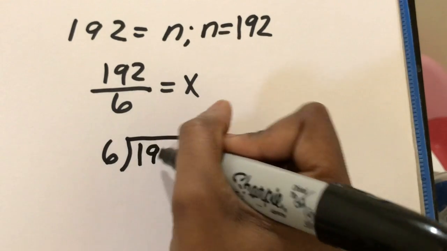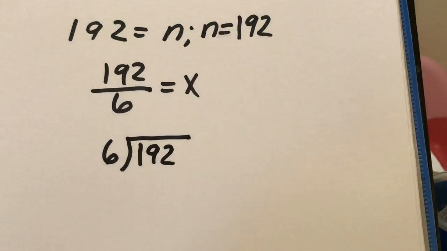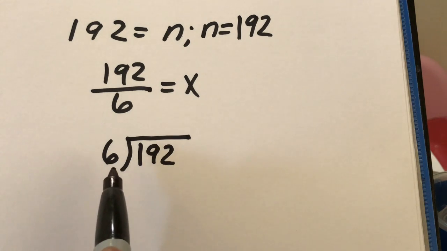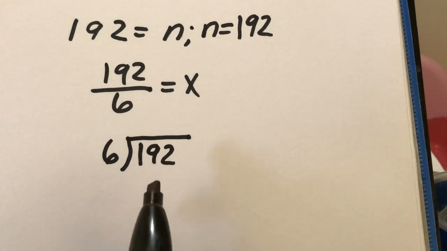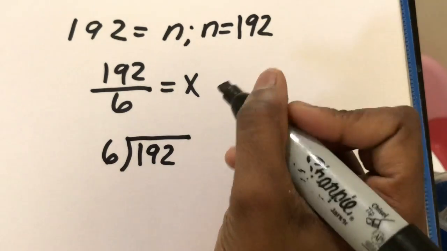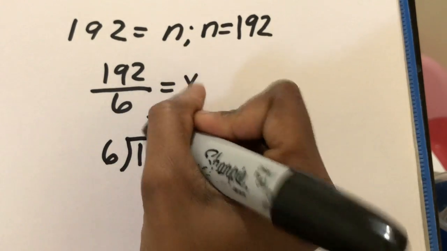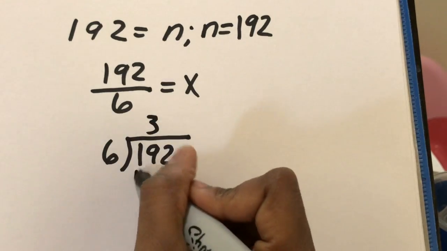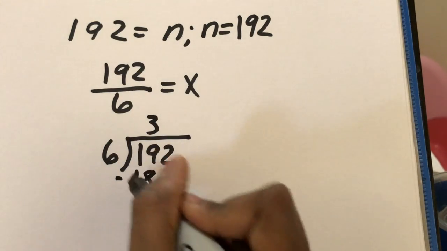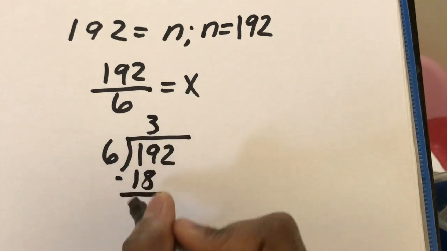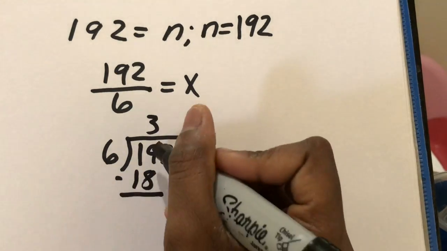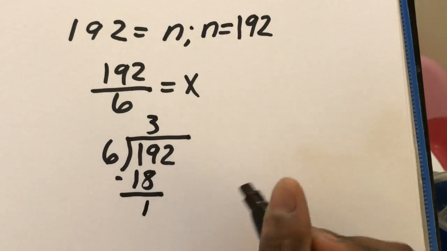So 192 divided by 6. First, you have to see how many times 6 can go into 19. That would be 3 times. 6 times 3 is 18. That's the closest you will get to 19. We bring that down. 9 minus 8 is 1.